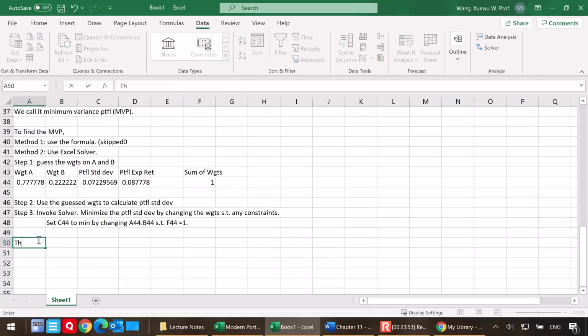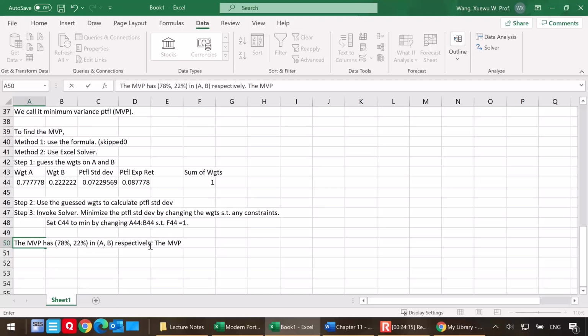So the MVP. Let's just recap. The solver solution has 78% and 22% in A and B, respectively. Let's look at the risk and return features of this minimum variance portfolio.